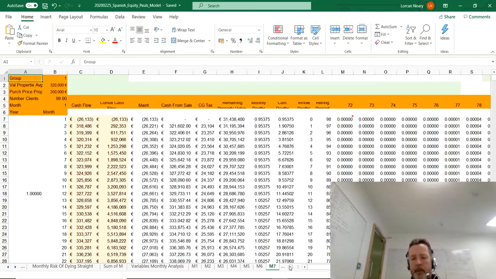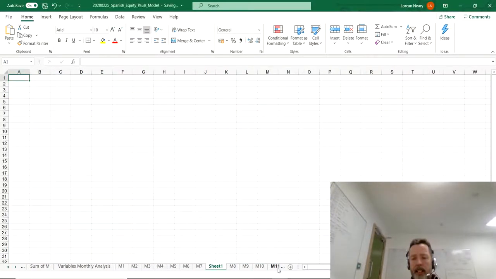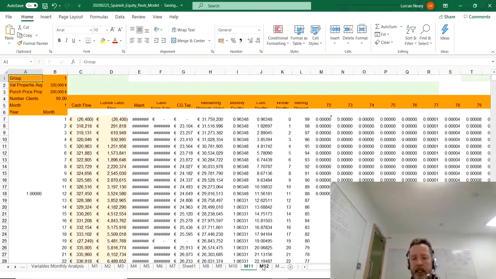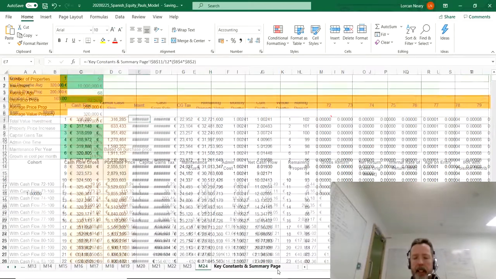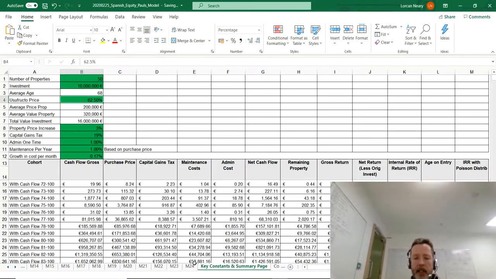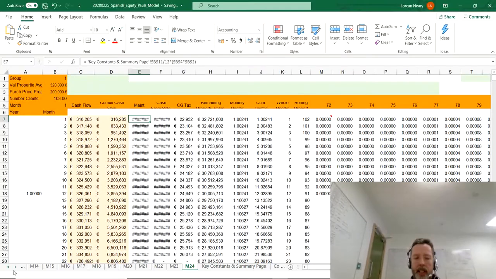So it's pretty self-explanatory when you get into the detail. I added a new sheet there. Okay, so 24 months, and the yields are looking very, very positive on these things.